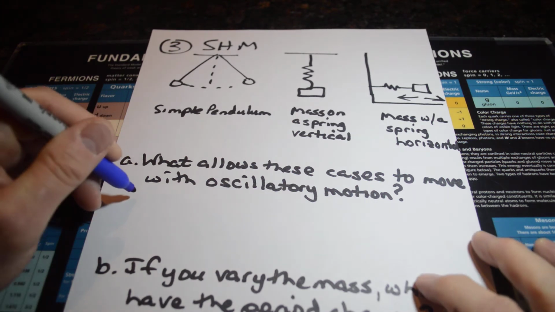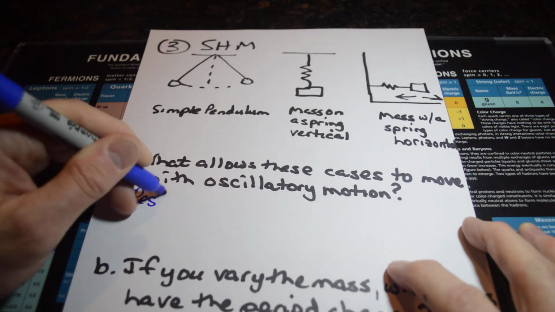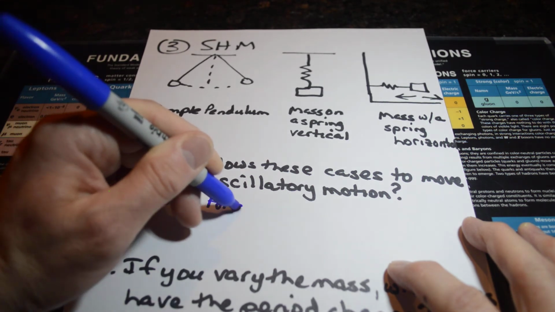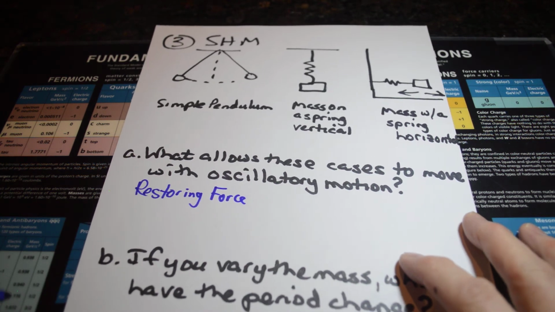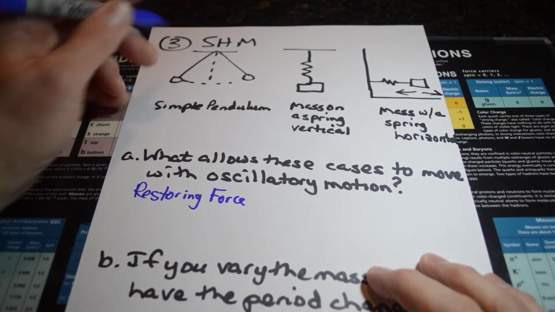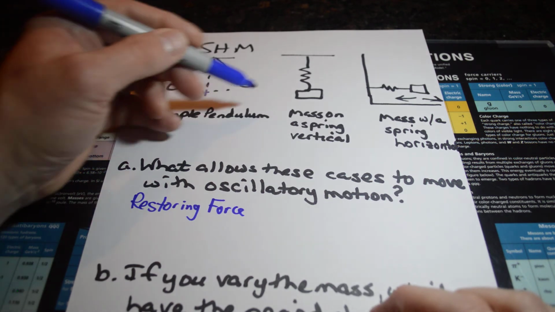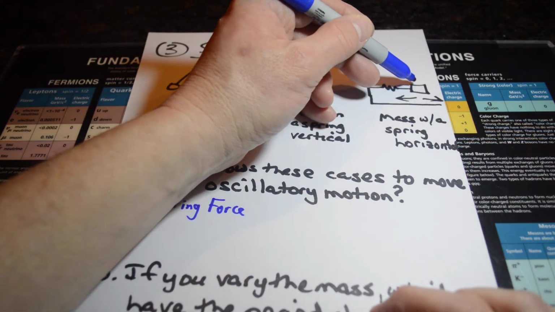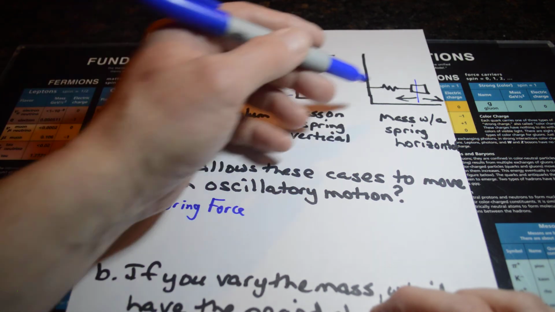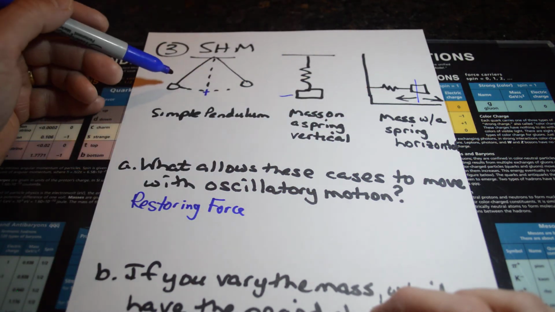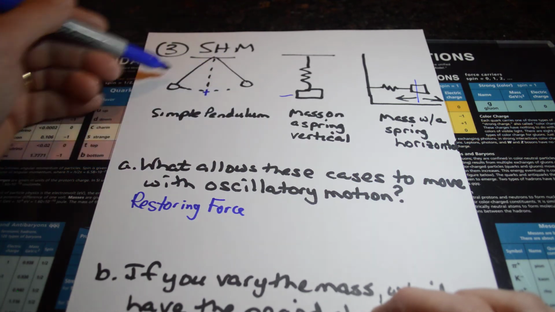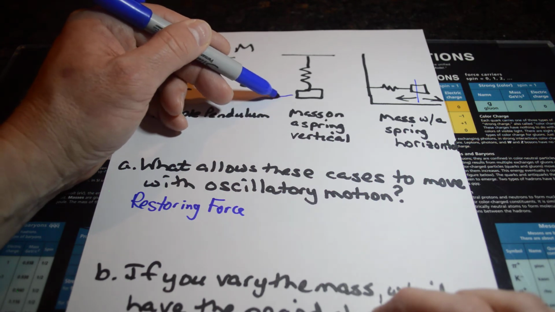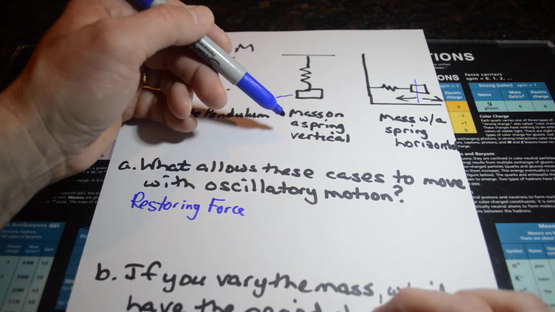Just to remind ourselves, we said in class that it had to have a restoring force that put it back to the equilibrium position. For the pendulum it would be right here in the middle. If it swings back and forth, wherever the equilibrium point is, the spring, or whatever's applying the restoring force, is always trying to get it back to this equilibrium position, either horizontally or vertically.